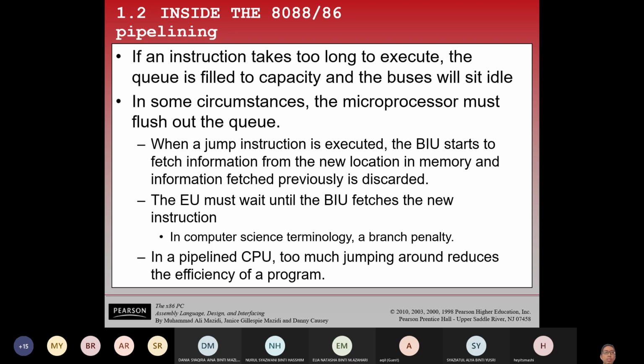If an instruction takes too long, meaning you queue too long, the queue is filled to capacity and then the buses will sit idle. Maybe you do so many multitasking tasks that you add up to the queue until the queue is full.